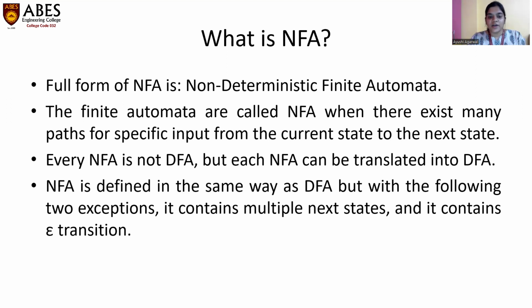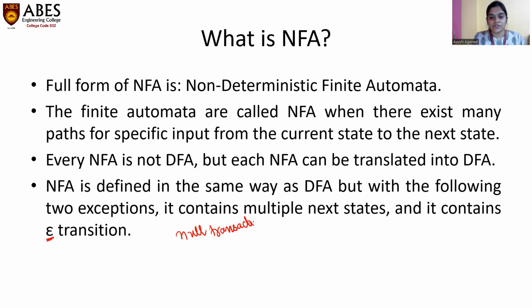NFA is defined in the same way as DFA, but with the following two exceptions. It contains multiple next states and it contains epsilon transition. This symbol over here is read as epsilon. Epsilon basically means null transition.